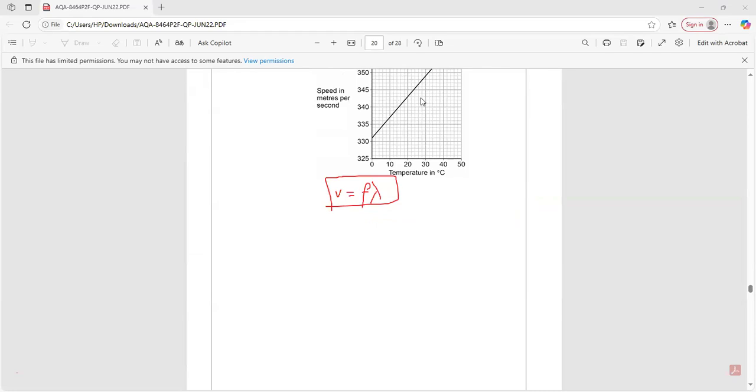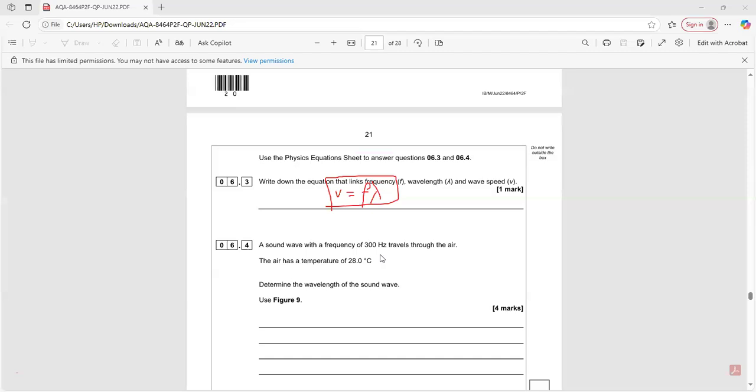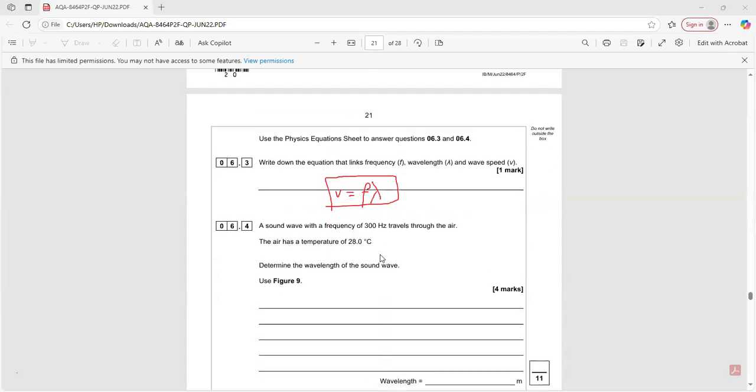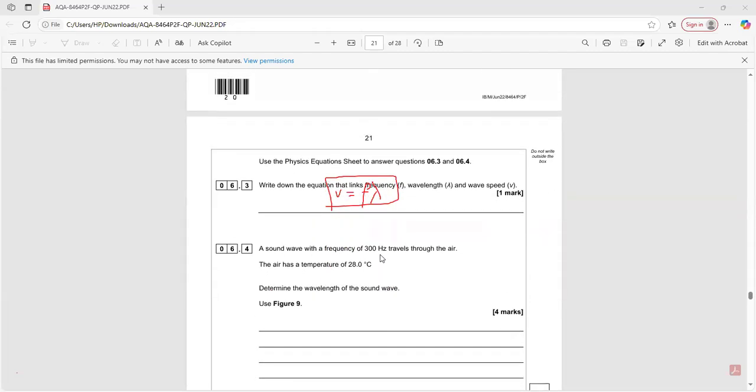Trace it to the graph, and you will see that it goes to 345, 346, 347, 348. That's 348 meters per second. So that's the velocity we just found.